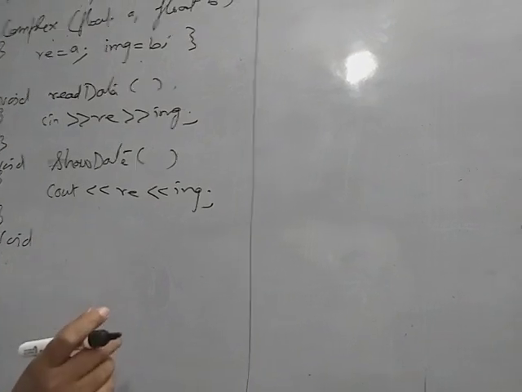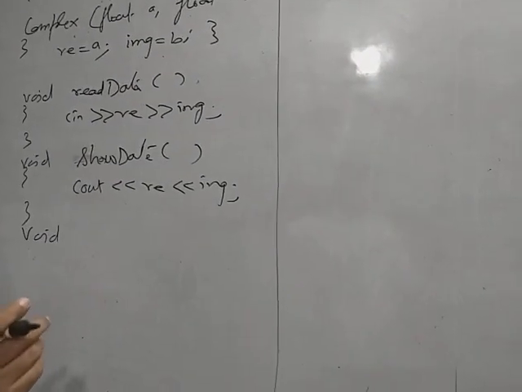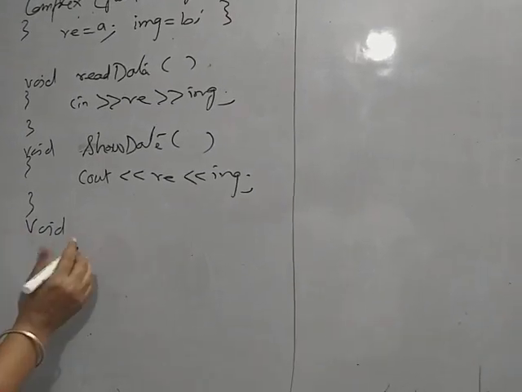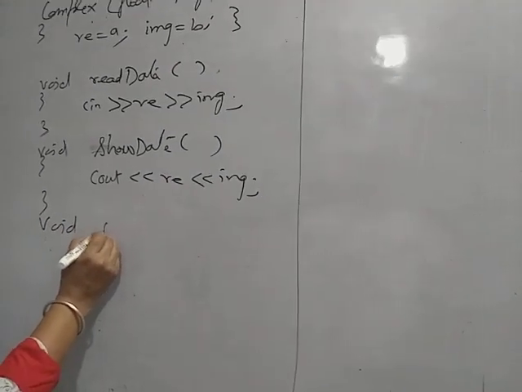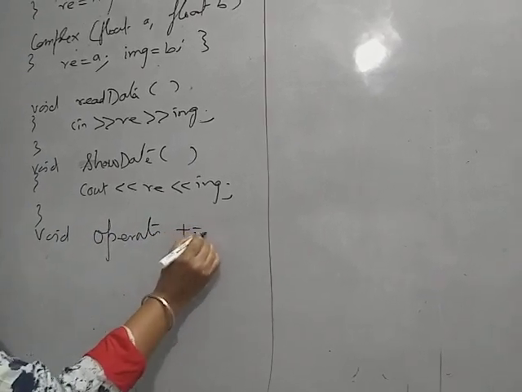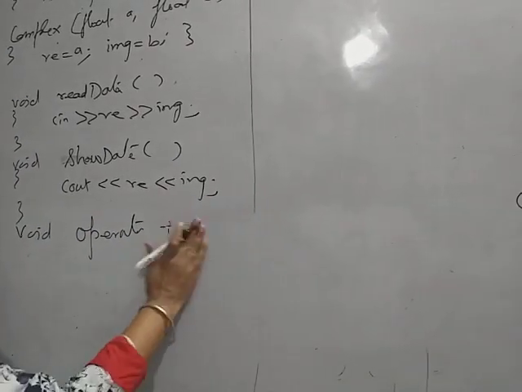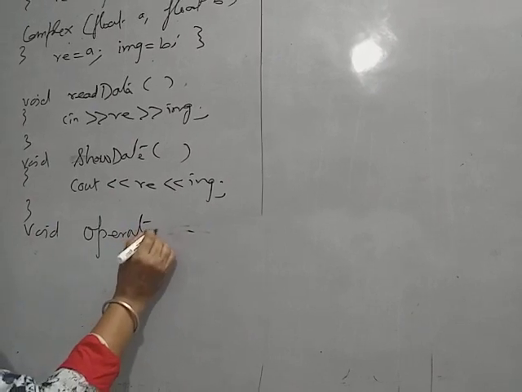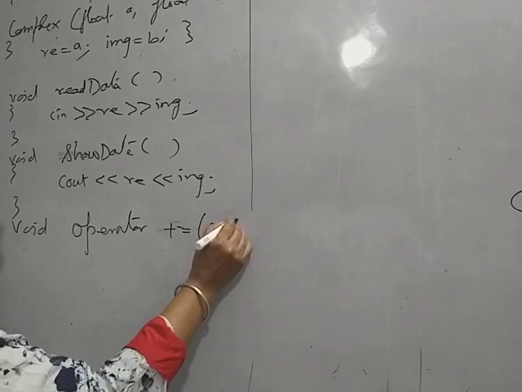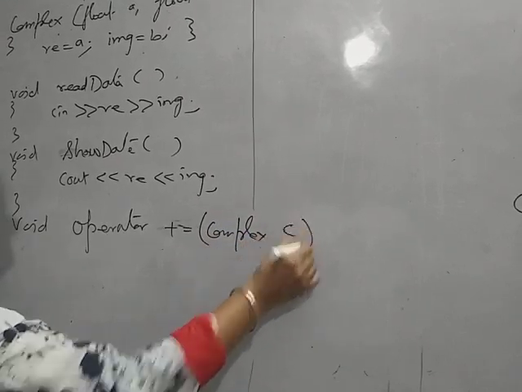After performing plus equal to, the data members of the object C1 will be changed. So: void operator plus equal to, and here it takes the explicit object, complex C.